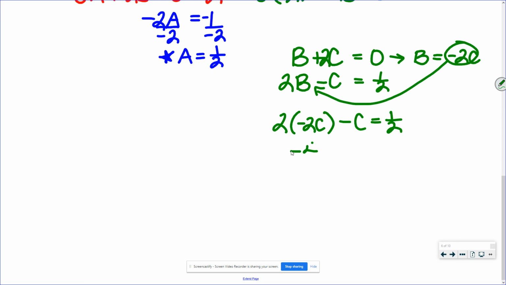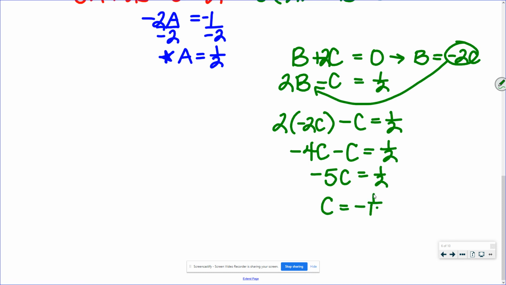And I'm going to solve. So this would be negative 4c minus c equals 1/2, and that would be negative 5c equals 1/2. And if I solve, I would get c is equal to negative 1/10. Okay, that's another one of my unknown values that I needed.